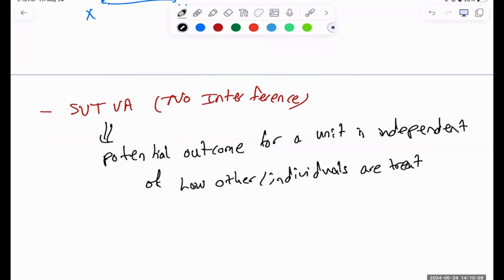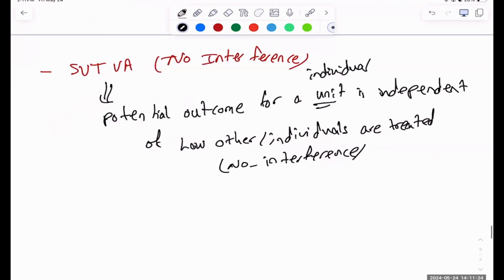So no interference between the individuals.